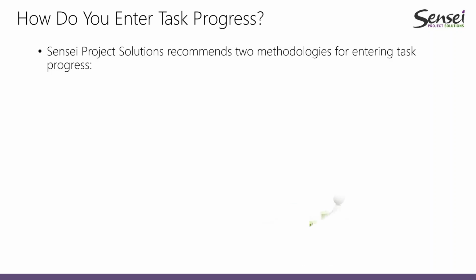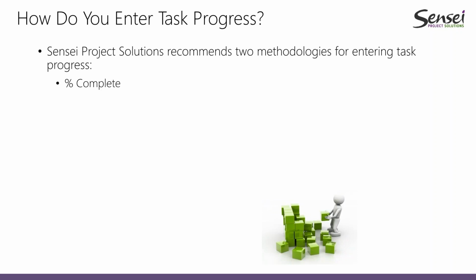If you have our book, or if you buy our book, you are going to see there that Sensei recommends two methodologies for entering task progress. The first one is using the percent complete, or you can use the actual work.